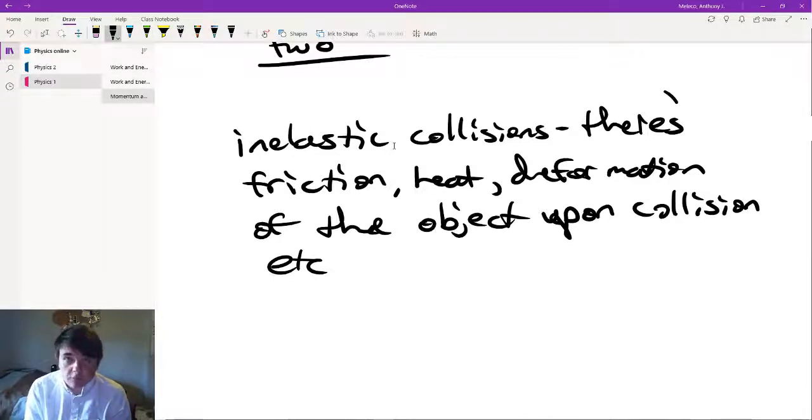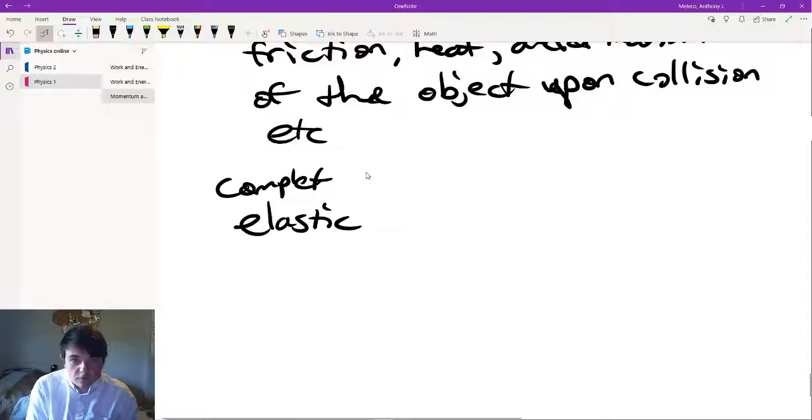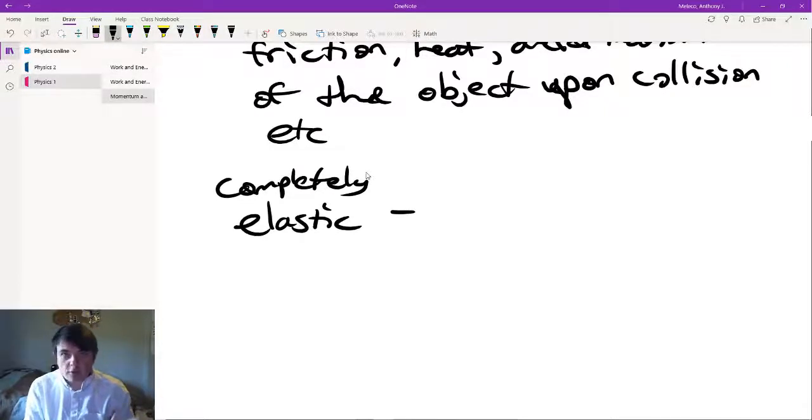Just like with energy, right? If there's friction involved, you're losing energy to whatever that non-conservative work is. So you can think of inelastic collisions as just the analog to non-conservative work. Okay. Elastic collisions, so completely elastic, is usually what I'm going to focus on. So completely elastic or fully elastic, 100% elasticity.